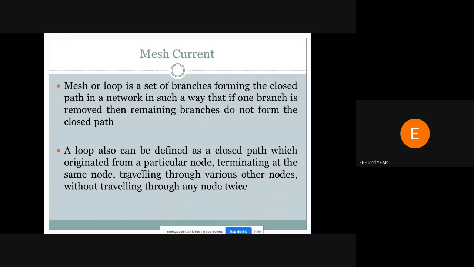For the mesh analysis method, we prominently find only the mesh current value. Based on the mesh current value, we can determine either voltage or power, whatever it may be.